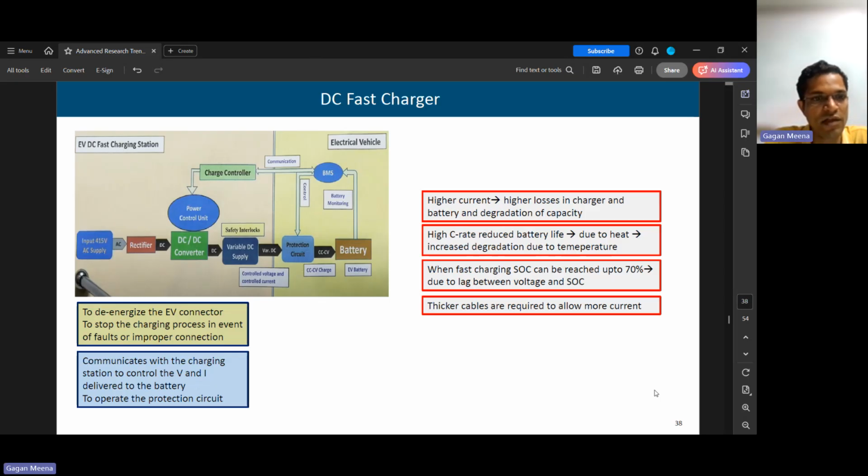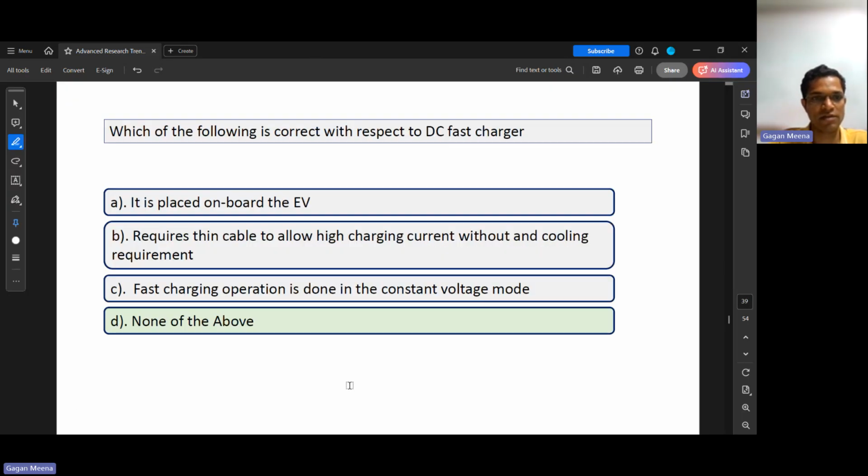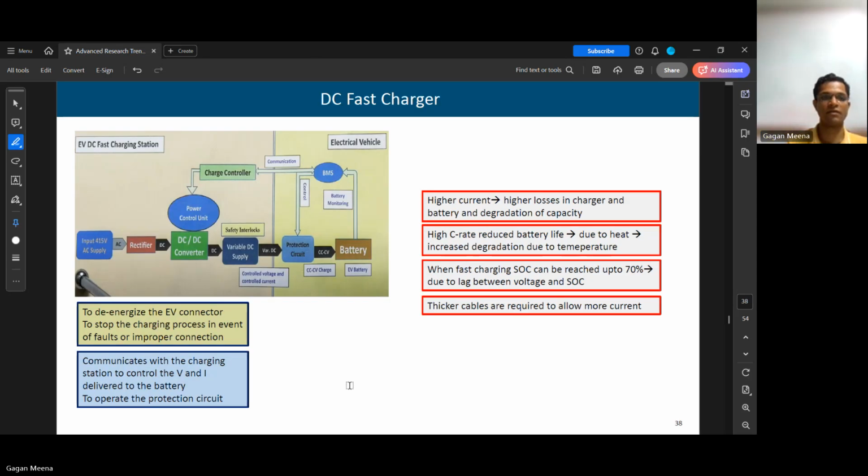Here, the safety interlock is to de-energize the EV connector to stop the charging process in the event of faults or improper connection. The BMS communicates with the EV charging station to control voltage and current delivered to the battery and to operate the protection circuit. So what is the function of the safety interlock here? It de-energizes the EV connector and stops the charging process in the event of faults or improper connection.